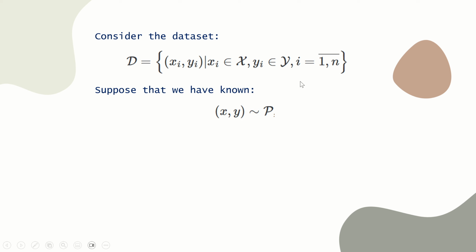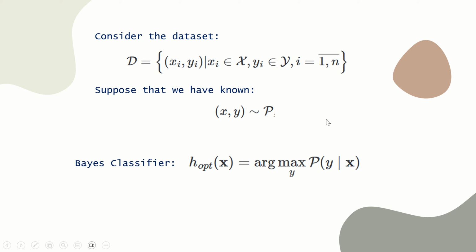Suppose that we already know the distribution of x and y, and we want to approximate this distribution p. The Bayes classifier is defined so that we take the y that has the maximum likelihood of y given x.